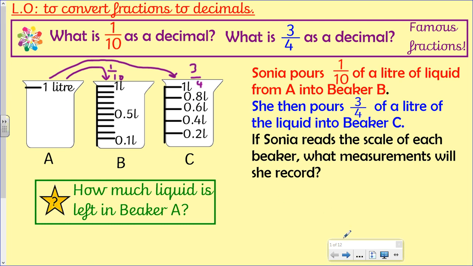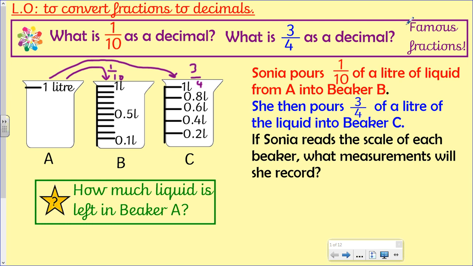So just like before, I'd like you to pause the video and have a go. If you are stuck, you're welcome to just listen to me in a moment, but I'd really like you to have a go on your own first. Don't forget you've got your supporting hands up here. So think about what 1/10 is as a decimal and what 3/4 is as a decimal.